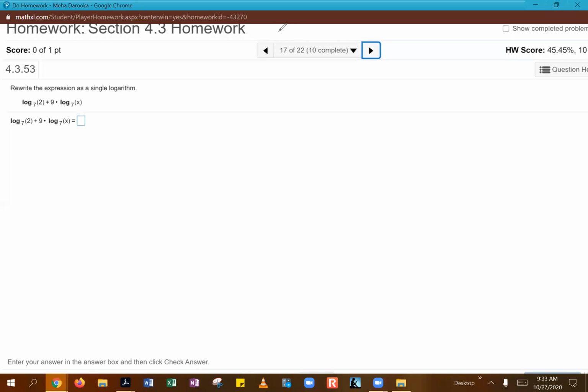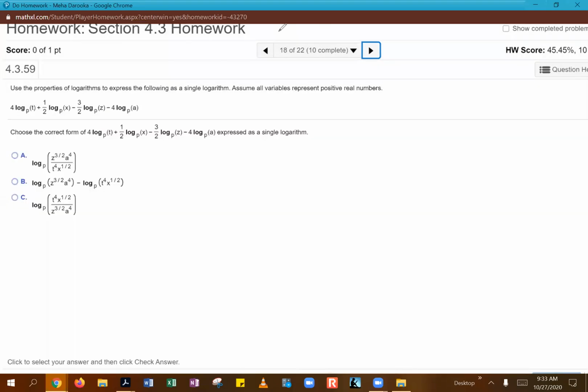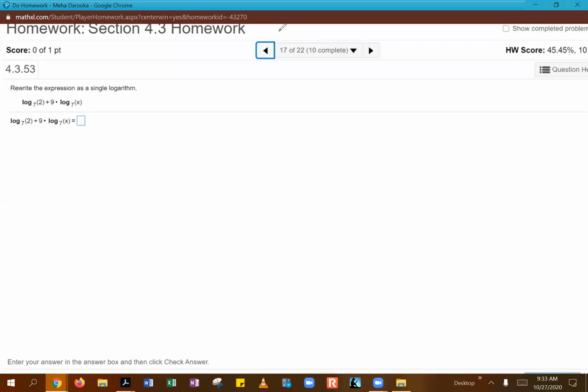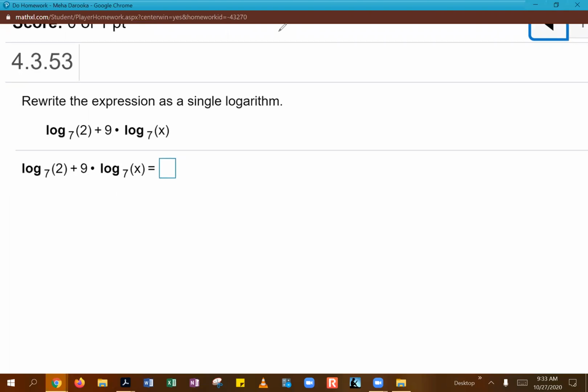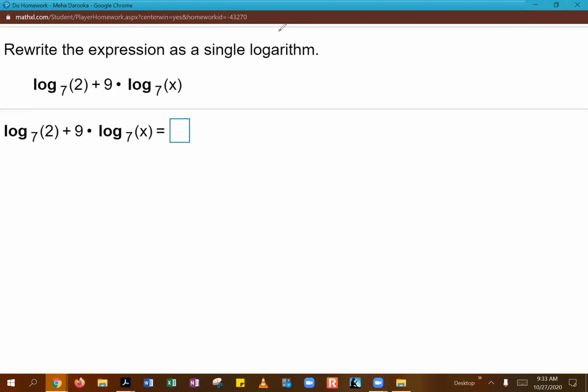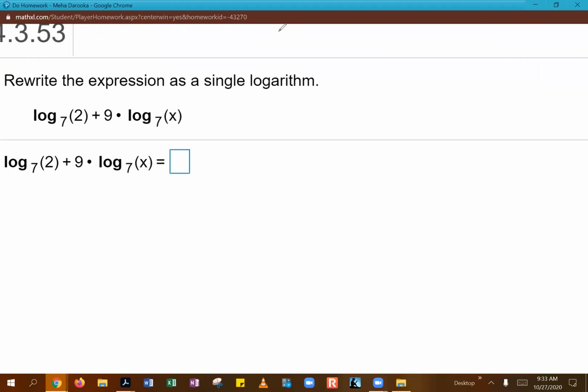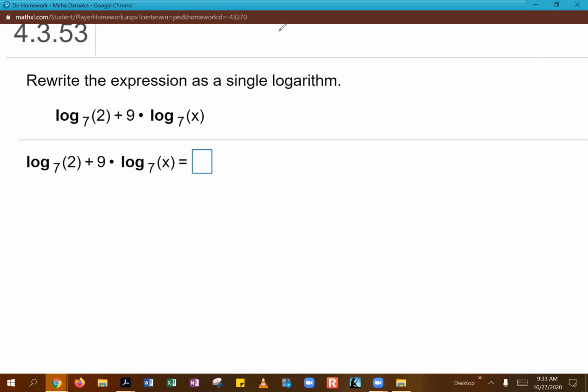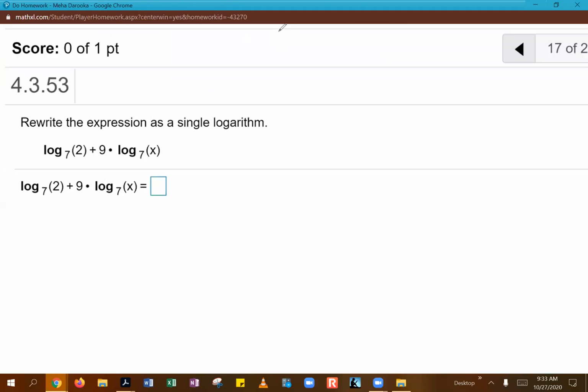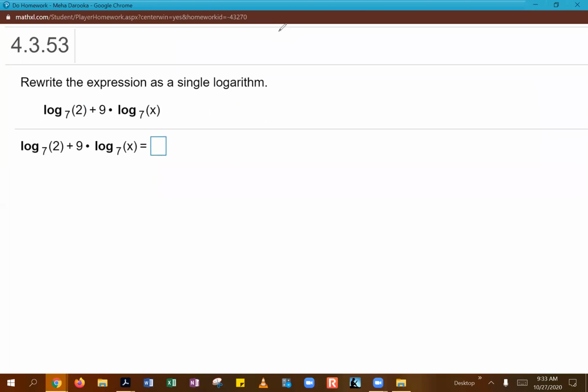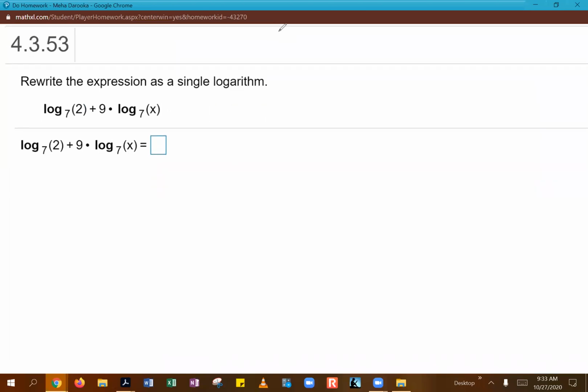This one again is asking you to rewrite it as a single logarithm. And actually, I do want to point out one thing. You see how you have that 9 times log of x with base 7? So you will be reversing your power rule in this case.